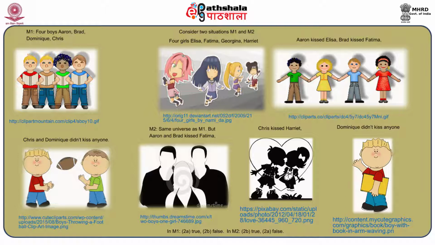In M2, we have the same boys and the same girls, but Aaron and Brad kissed Fatima, Chris kissed Harriet, Dominique didn't kiss anyone. In M2, 2B is true, since there is one girl, namely Fatima, who was kissed by exactly half the boys. But there are three boys who are girl kissers, hence more than half the boys, making 2A false. How then are we to account for the two interpretations of the sentence?